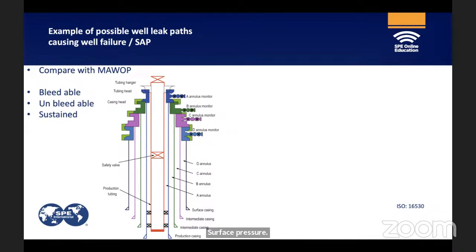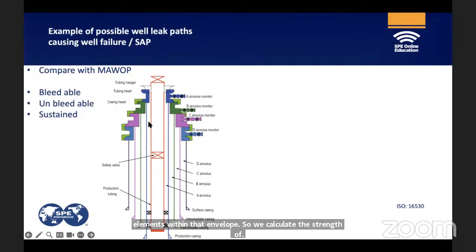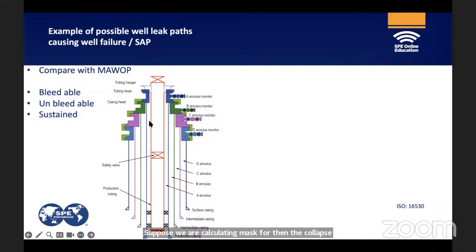So MASP is the least of the strength of all the elements within that envelope. So suppose we are calculating MASP for the A annulus, then we calculate the collapse for the tubing, burst for the production casing, tubing hanger cavity pressure test, the packer pressure test.